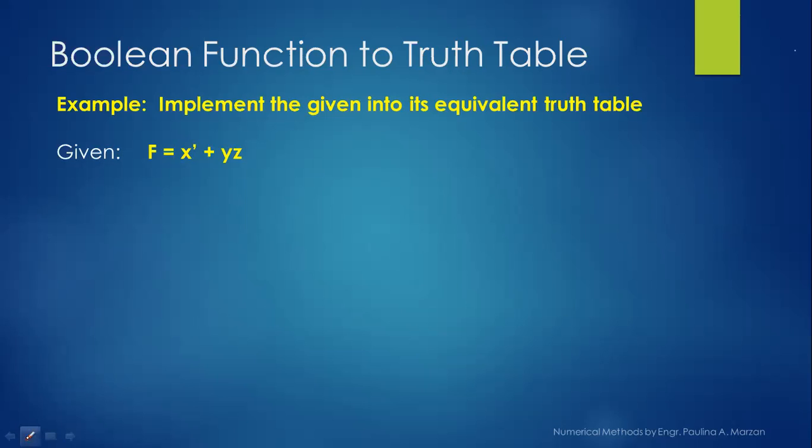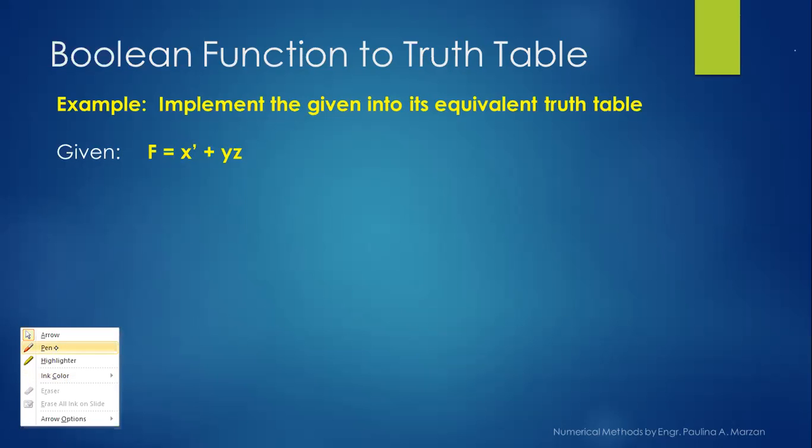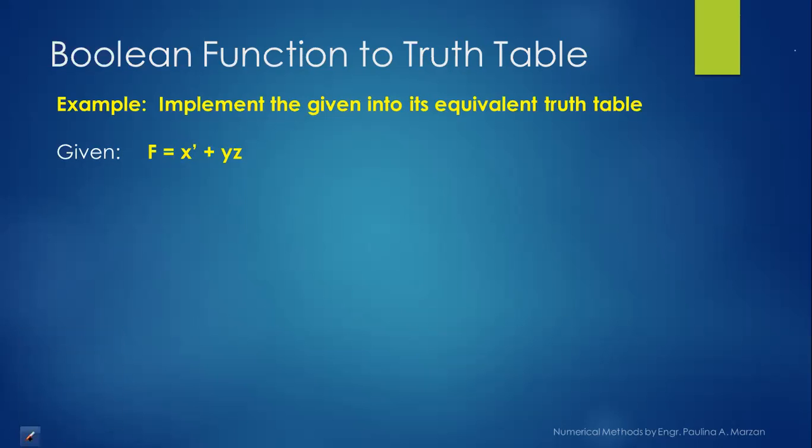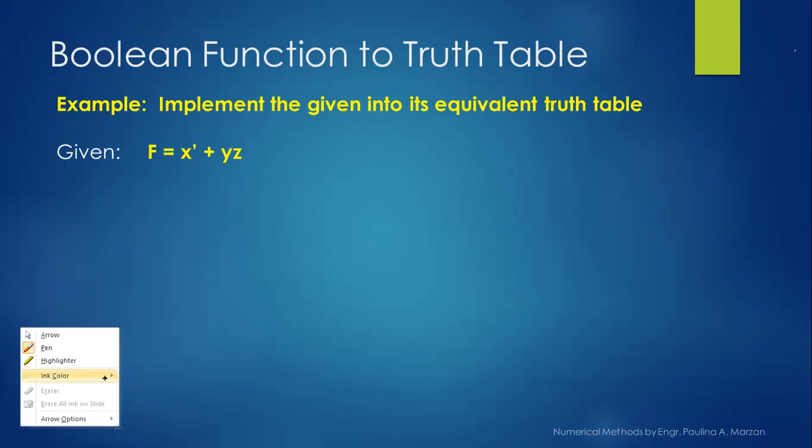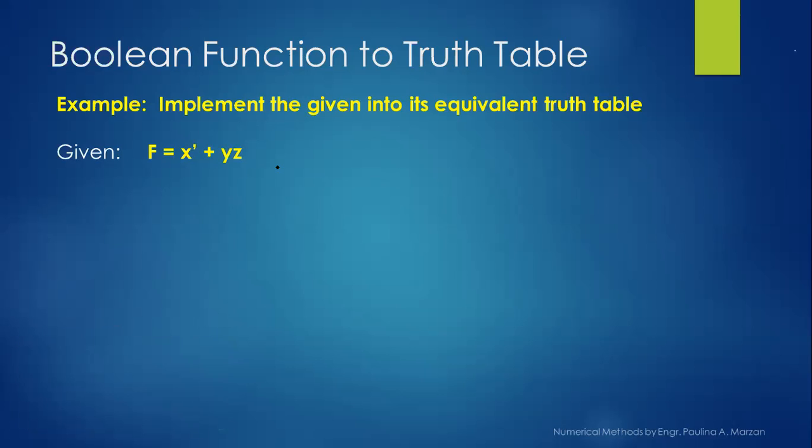To plot this table, we need to start, of course, by illustrating our table by specifying two major columns, right? One column for the inputs and one column for the outputs. So in the first column, we need to label it input, and the other column, we need to label it output.